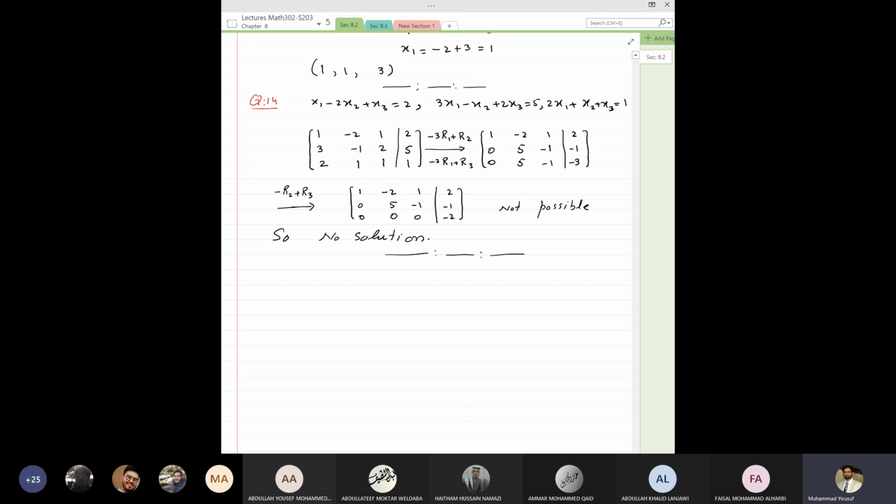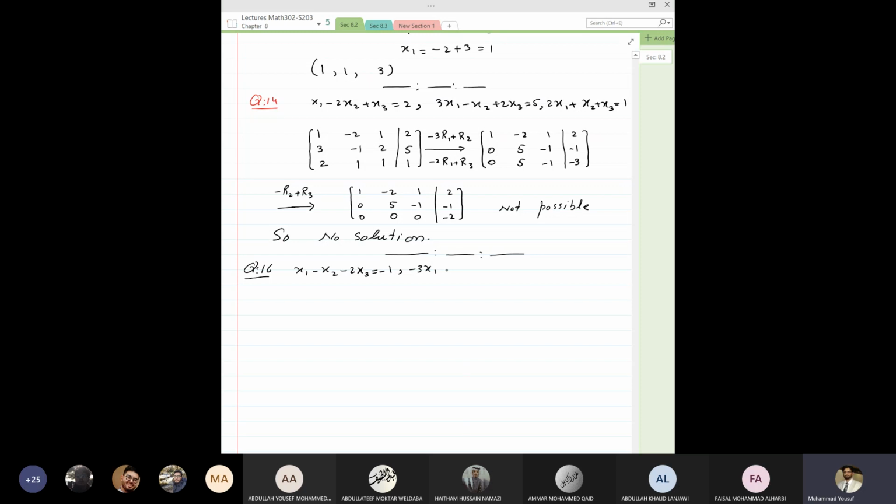Another situation here is question number 16. Question number 16 is x1 minus x2 minus 2x3 is equal to -1.